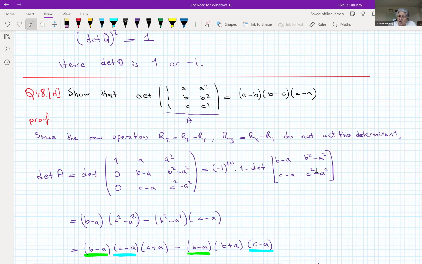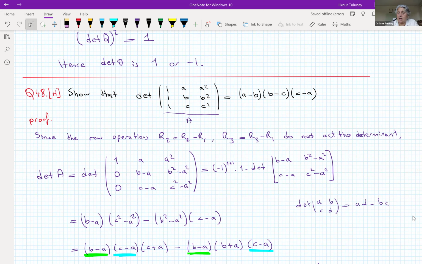So I have this times this minus this times this as the determinant of this matrix. So B minus A, C square minus A square, this one. And the opposite diagonal has to be on the negative side. I'm pretty sure we know that, I don't think you need a reminder, but let me say. If you have this matrix, its determinant will be AD minus BC, right?